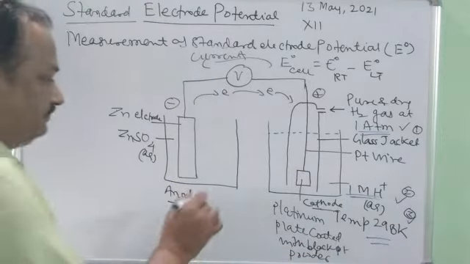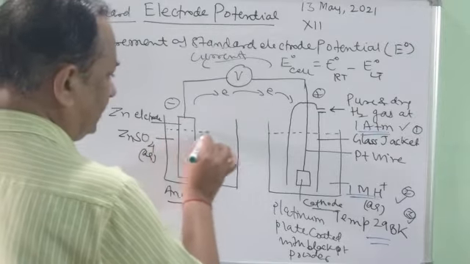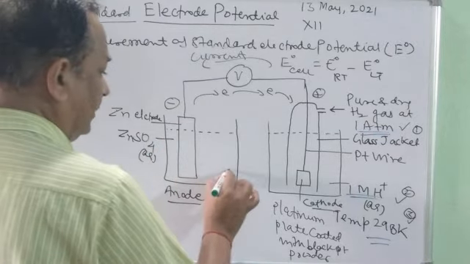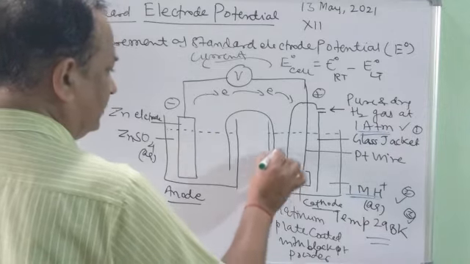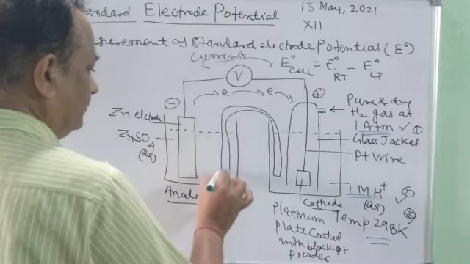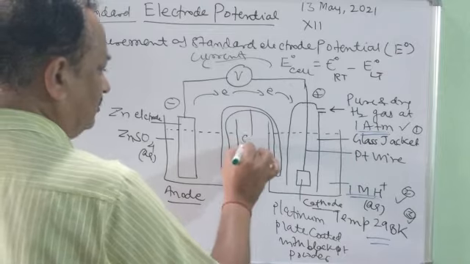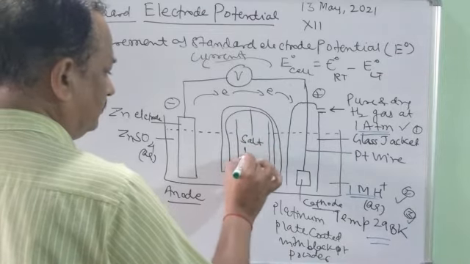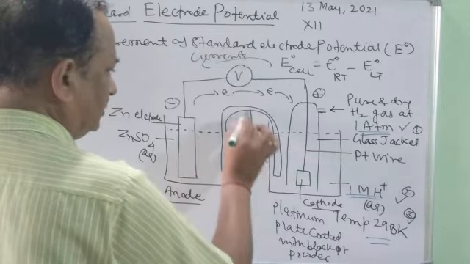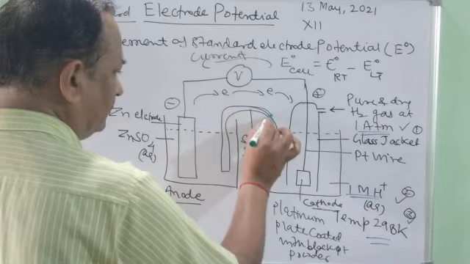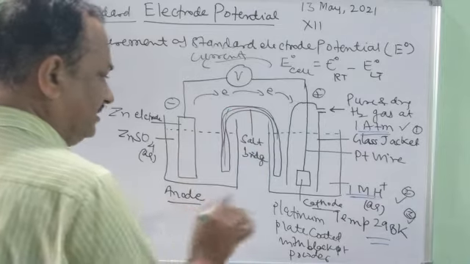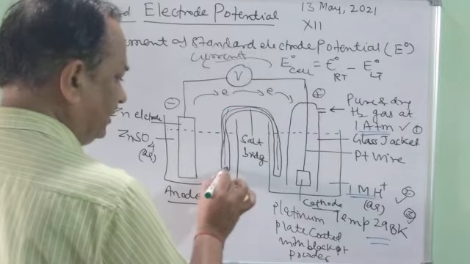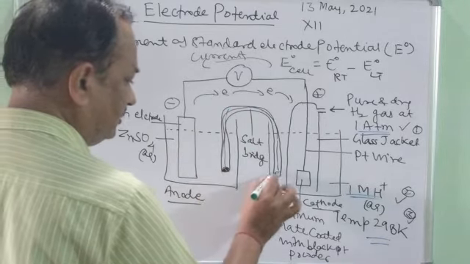Now on completing the circuit, let's draw the solution, and we'll complete the internal circuit. And this is what? This is the salt bridge. And children, at the salt bridge there are the cotton plugs.